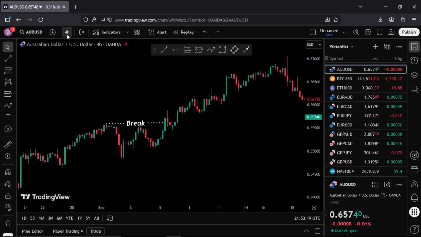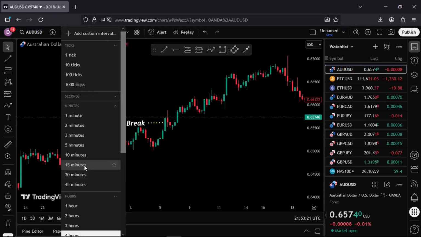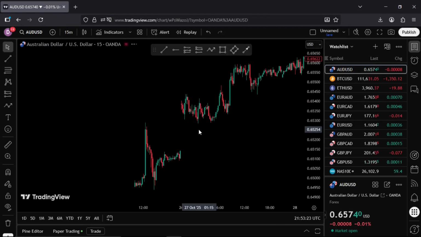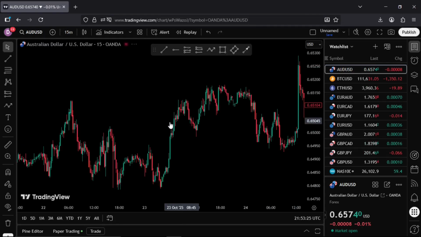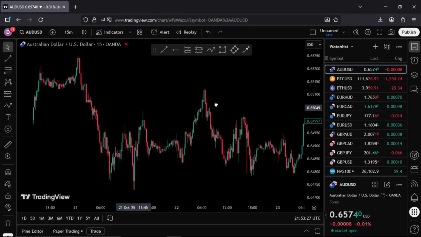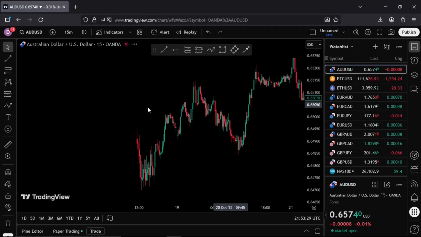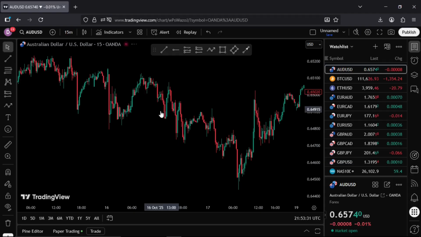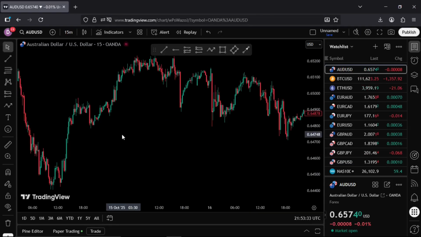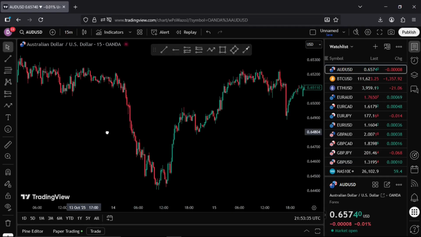Now let me go to the 15-minute time frame, and I mark my market structure as price is pulling back. This is like backtesting. This is in hindsight, because it already happened. That's the beauty of this.